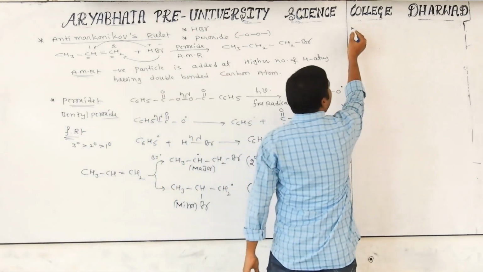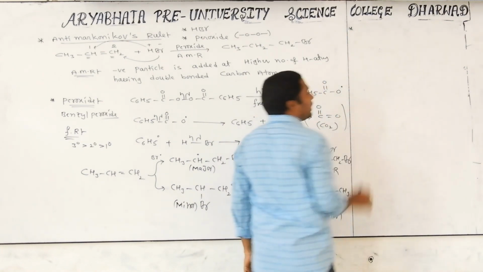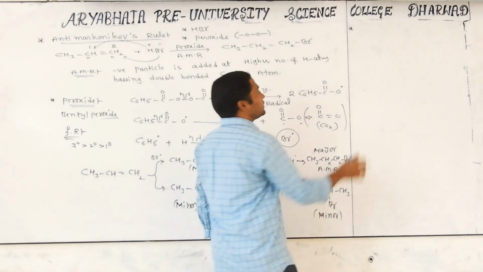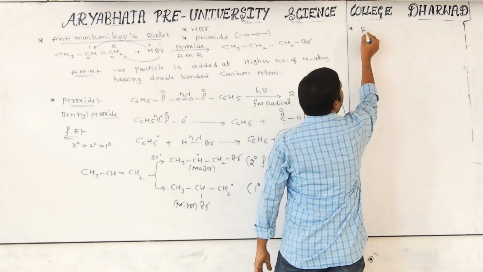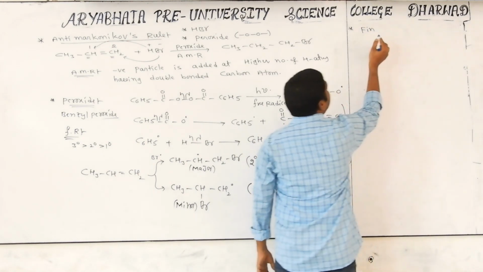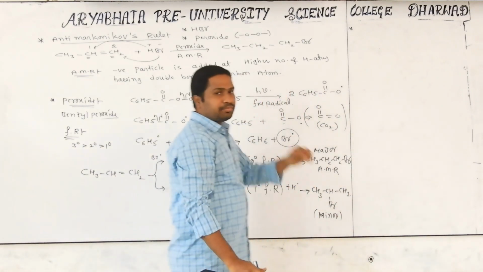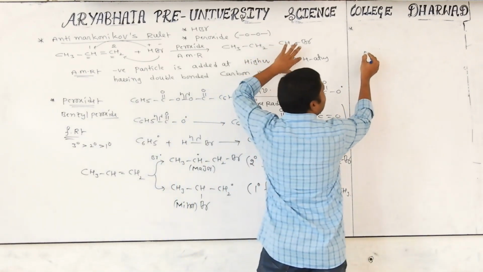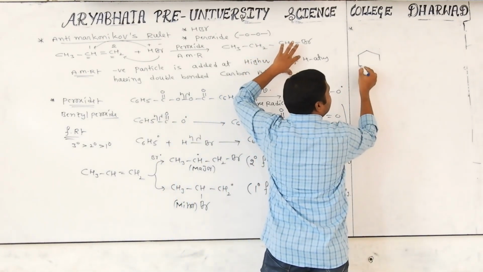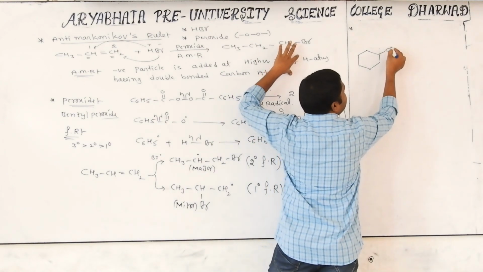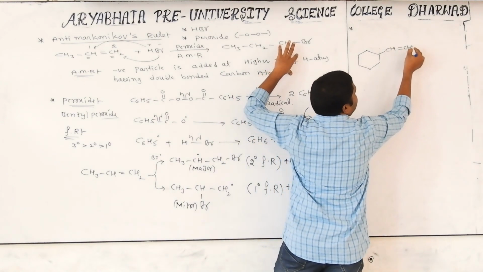Now, I will explain some important things under preparation of haloalkanes. It is nothing but the Finkelstein reaction. Or otherwise, we will see some examples for this. For example, he has given this compound. Just the application part: we will see CH double bond CH2.